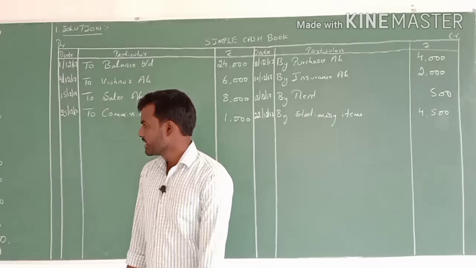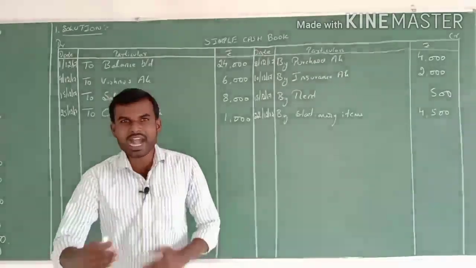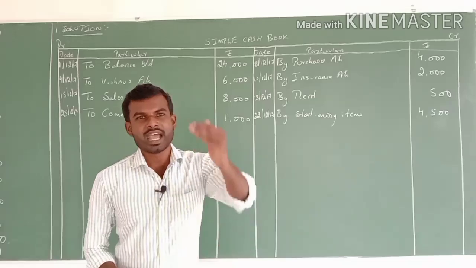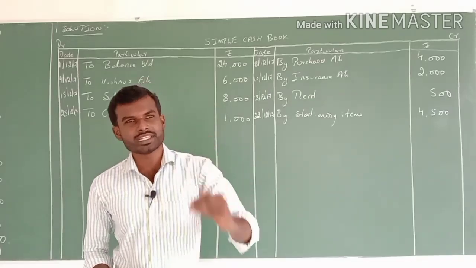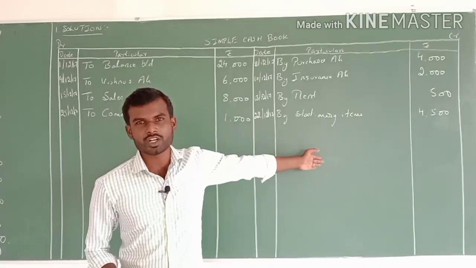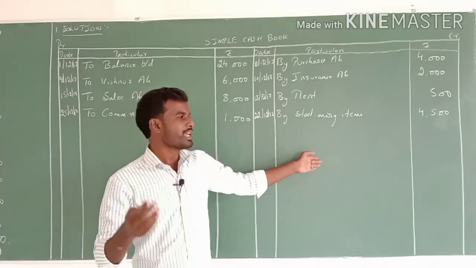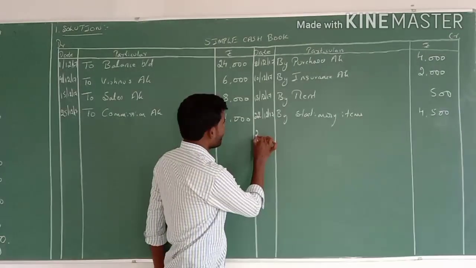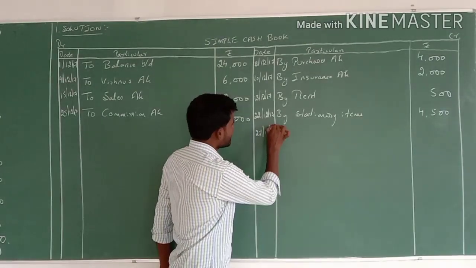Coming to the next date, what have they given? On December 27th, paid salaries. We are paying the salaries. When we pay the salaries, what happens? Our cash balance decreases. So it is a payment. It should be recorded under credit side. On which date have we made it? 27th of December 2017.